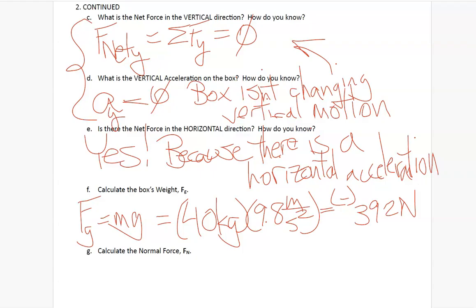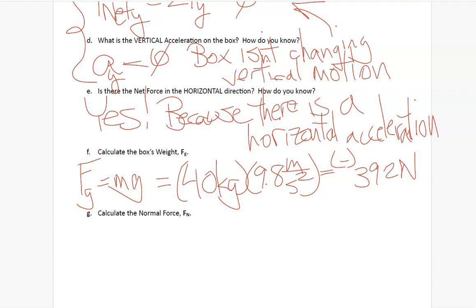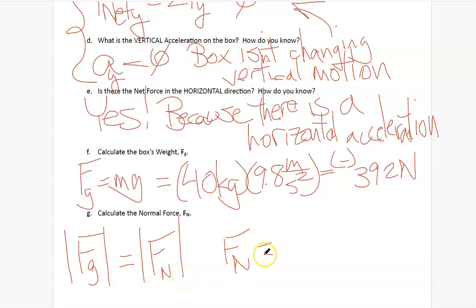Okay. And then we're asked to calculate the normal force. Well, just using logic without actually calculating, we know the size of the weight force is equal to the size of the normal force. So we know the normal force is also equal to 392 newtons.